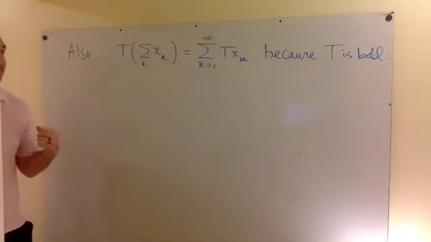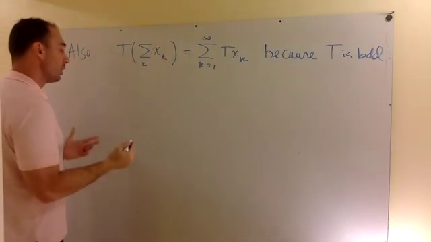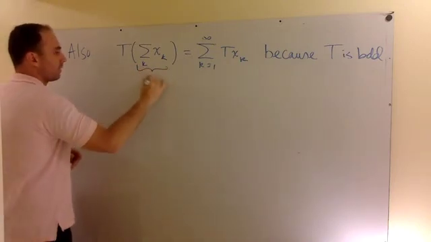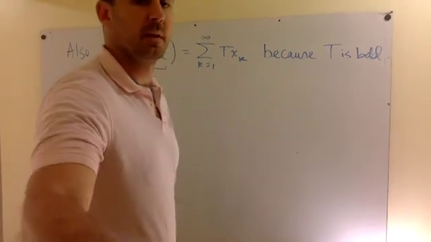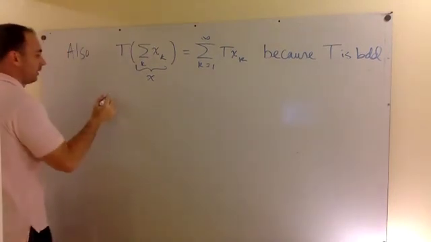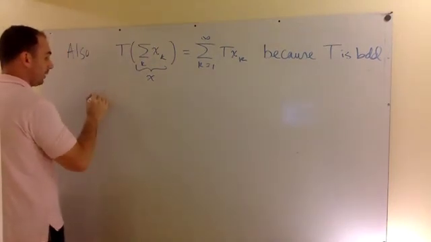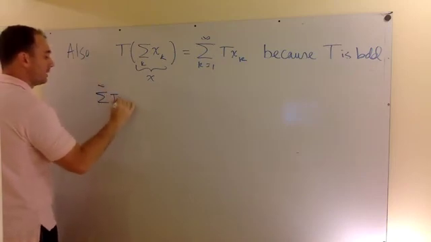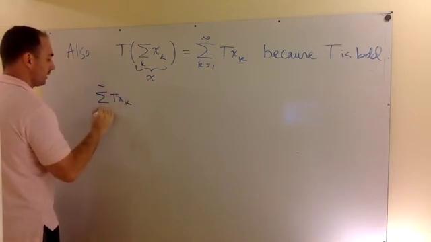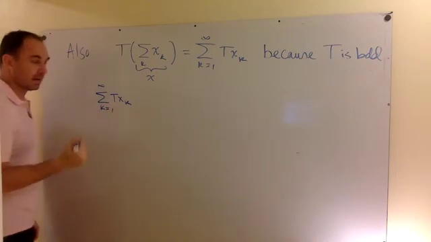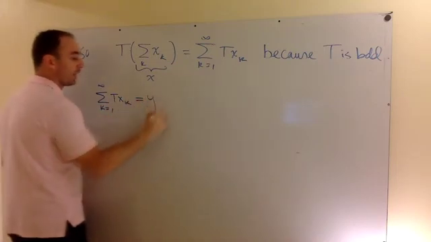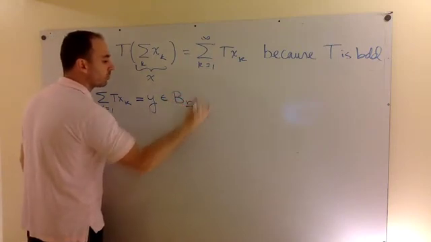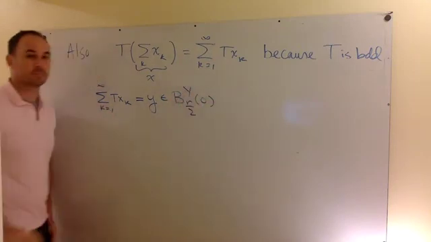Okay, that's because T is a bounded operator. So what we have is, on one hand, let's call this thing x. On one hand, we have that the sum of the T xk, these guys have to equal y, which recall was in our ball of r over 2, 0, y.